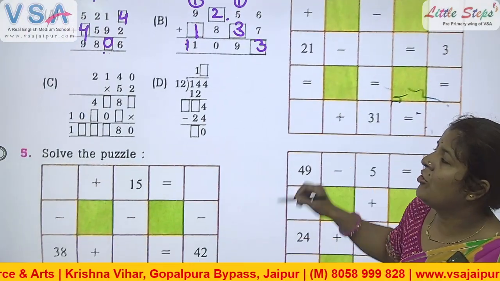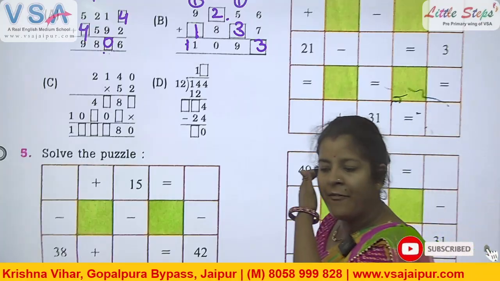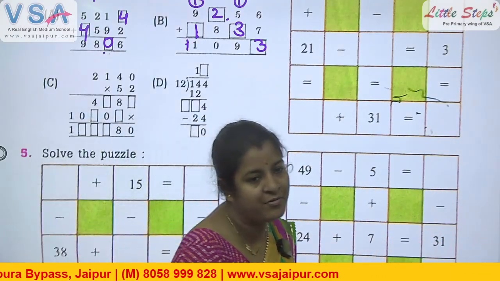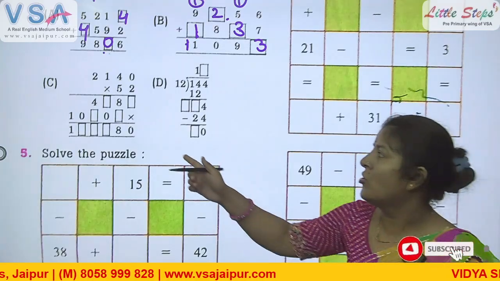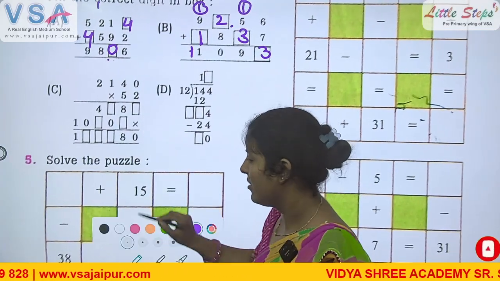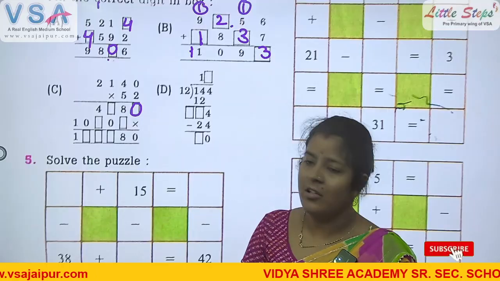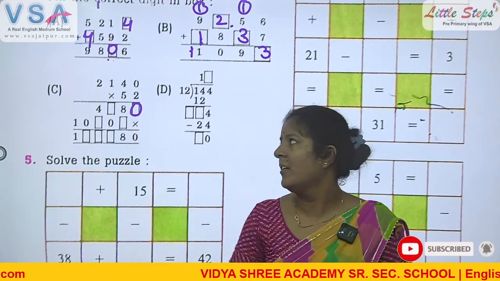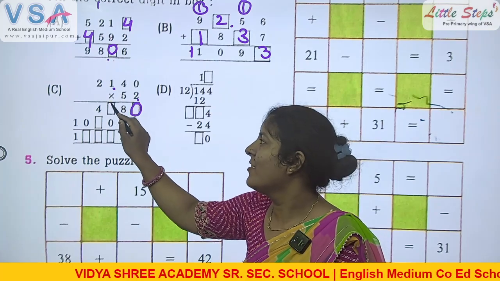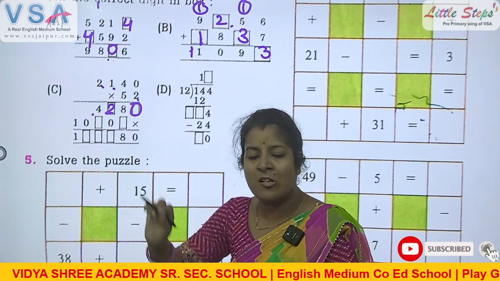And the next is 2140 multiply by 52. So first of all multiply by 2. 2 zeros are 0, 2 fours are 8, 2 ones are 2, and 2 twos are 4, which is already given.